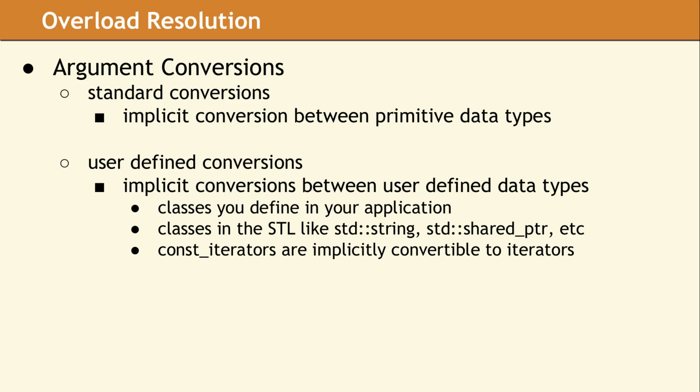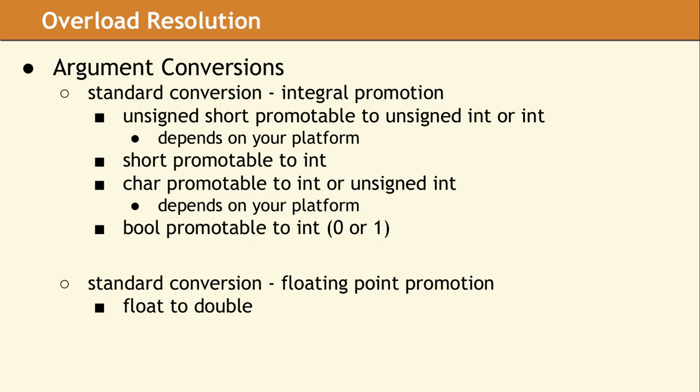One of the standard conversion types is called a promotion. The idea of a promotion is to take one data type and extend it to a related data type, which is essentially larger. Integral promotion in C++ is to an int or an unsigned int.